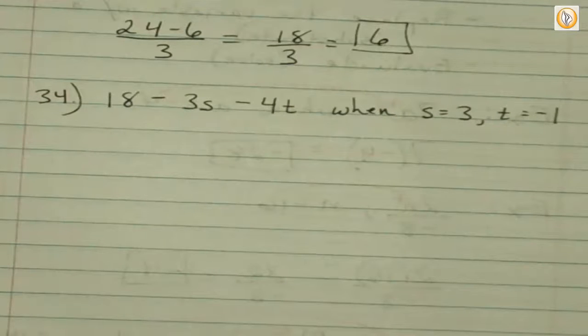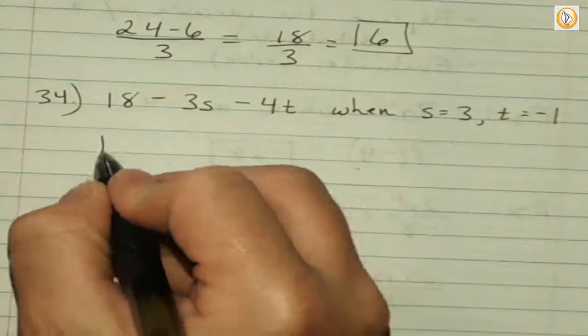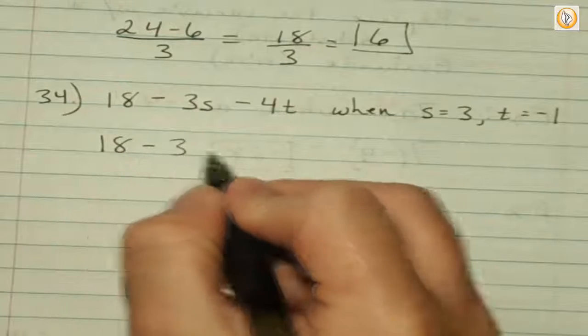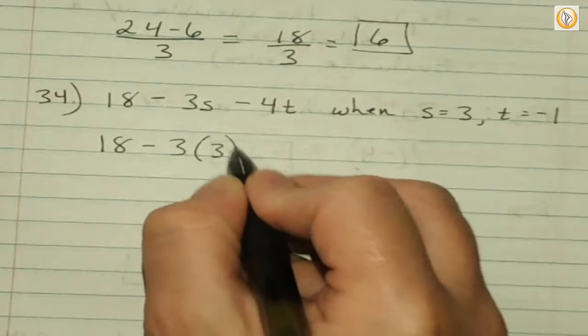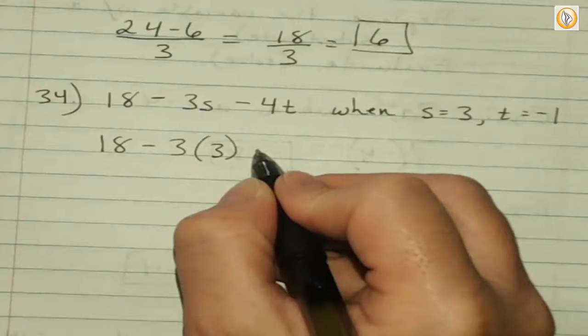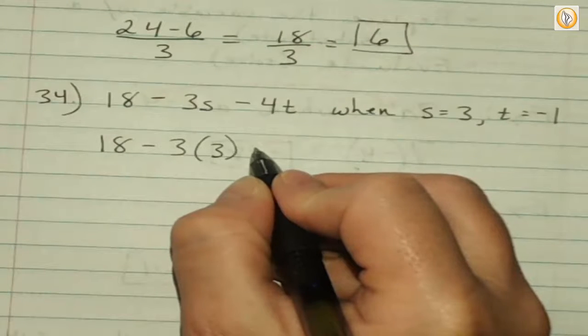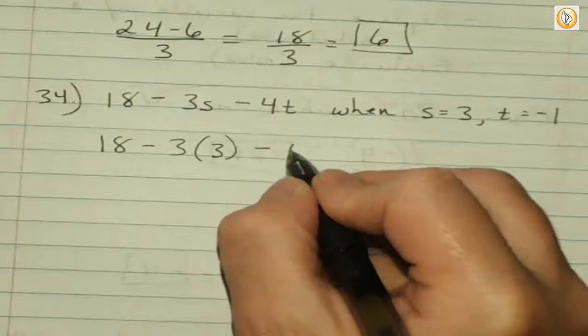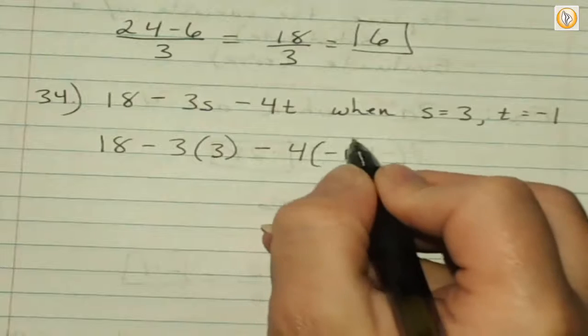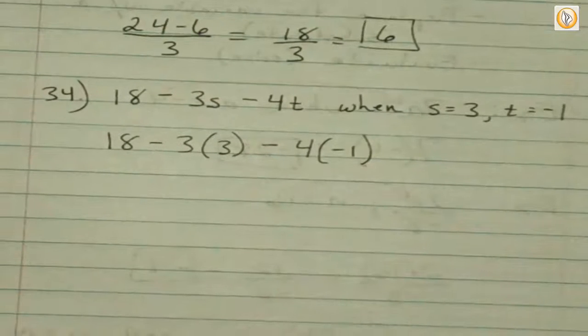So Tanner, write that down and then tell me what your new problem's going to look like. 18 minus 3 times 3. Very good. Minus 4 times negative 1. Excellent. So your new problem should look just like how I wrote it.